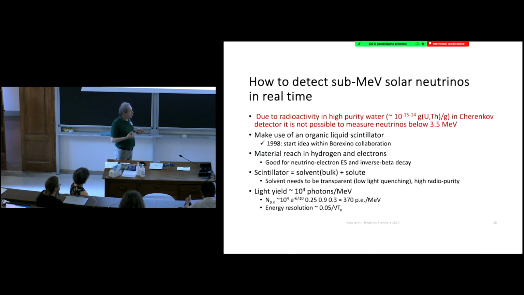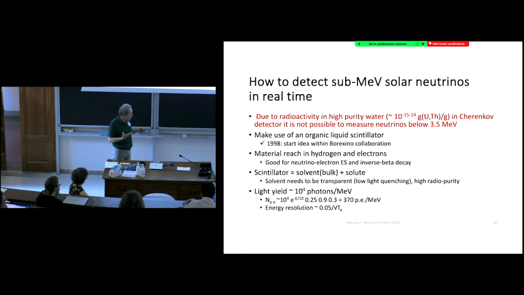But the point was that this detector is rich in hydrogen and electrons, so it's a good target. It consists of a solvent plus a solute, where the bulk is the solvent as a target. The solute is only used to enhance the light production due to scintillation. So the question was, the solvent must be very, very radiopure.